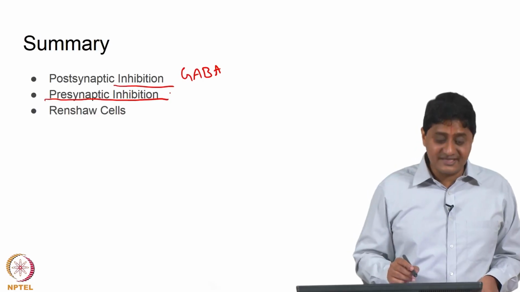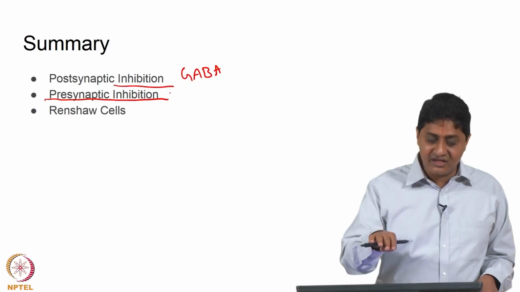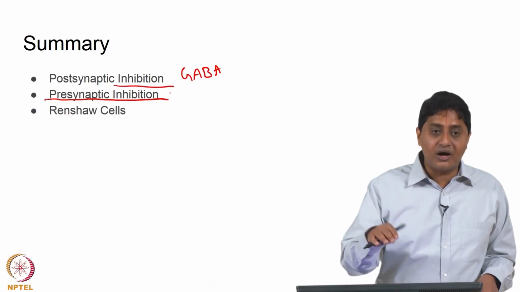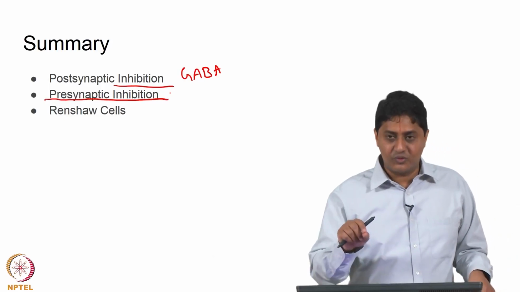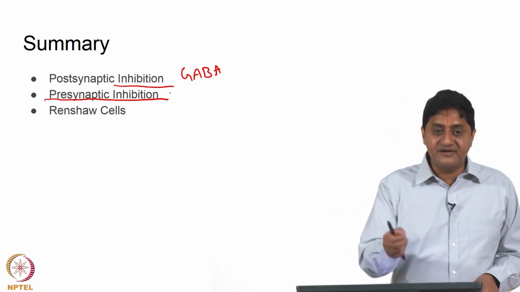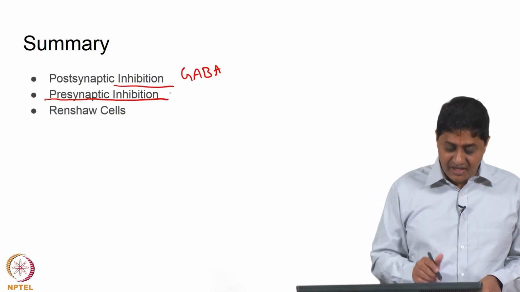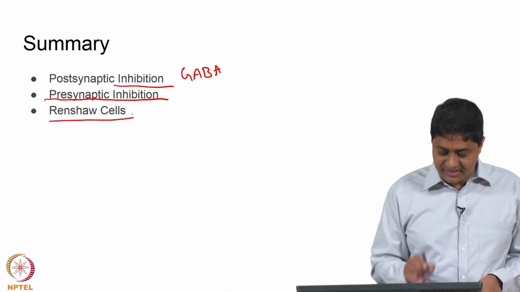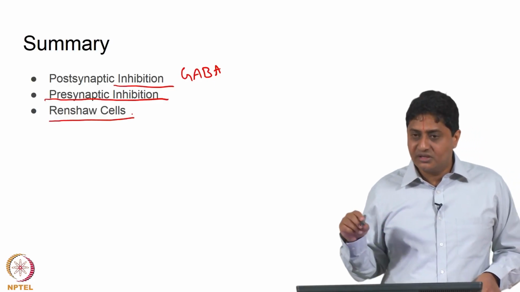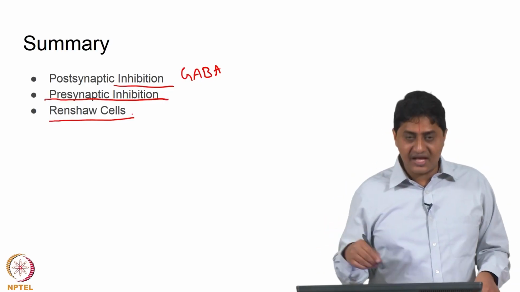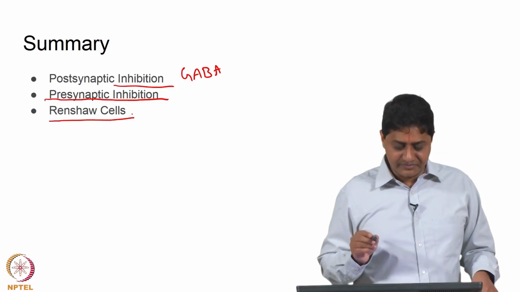This is called presynaptic inhibition, which can be selectively switched on and off. So, it presents one more layer of control, one more method by which you could switch on and off specific synapses. And then one particular case of inhibitory interneurons called Renshaw cells, which inhibit the motor neurons that activated them. This is also called recurrent inhibition.